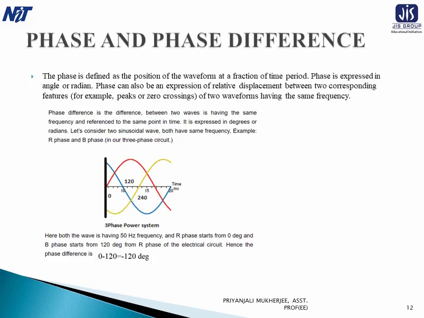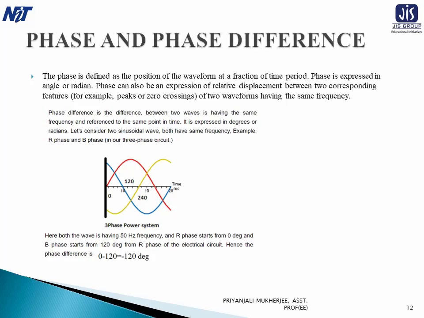So here we can see there are three waves. The red one has started from 0, the blue one has started before it, and the yellow one has started a further 120 degrees before it. So here the R phase starts from 0 degree and the B phase starts from 120 degrees from the R phase of the electrical circuit. Hence the phase difference between these two is 0 minus 120, that is equal to minus 120 degrees.